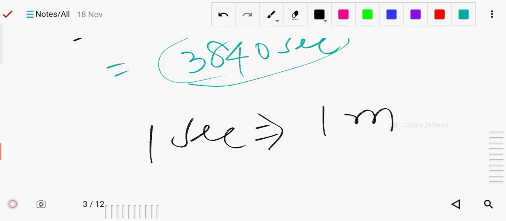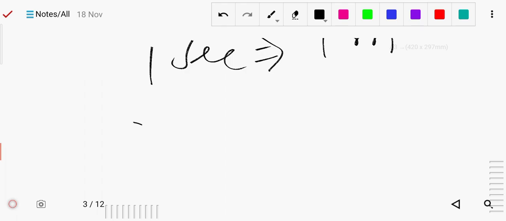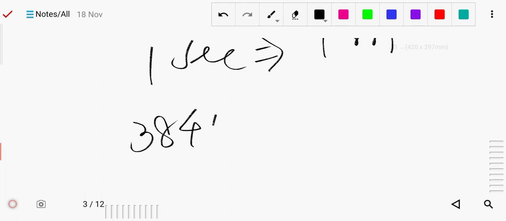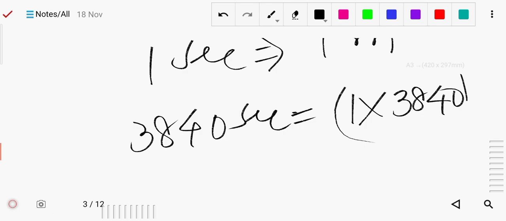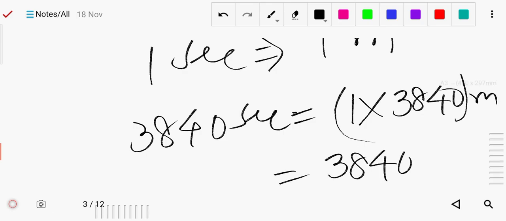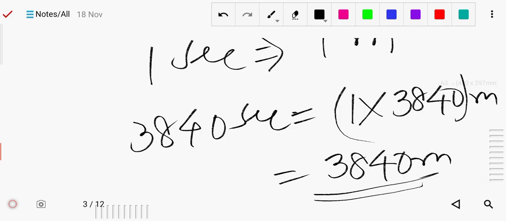Now we got 3840 second, so how much distance will it cover? It will be 1 into 3840, and this is meter. So it gives the same value, 3840 meter. So that's your answer.